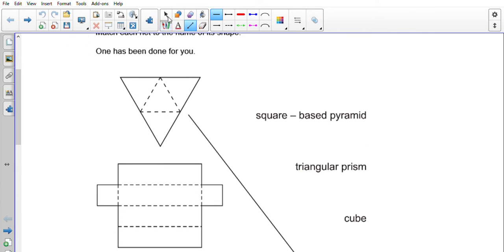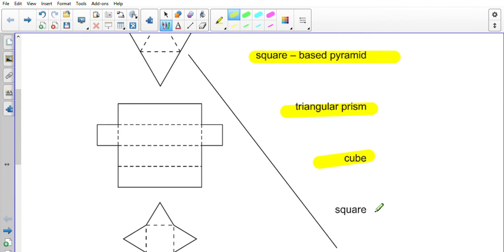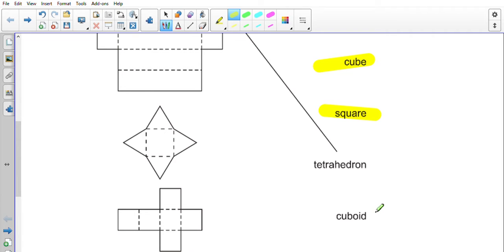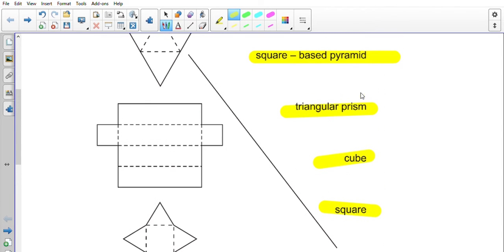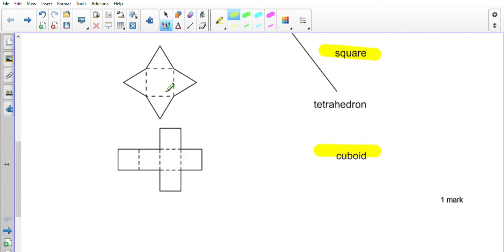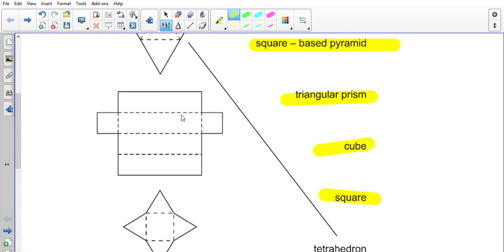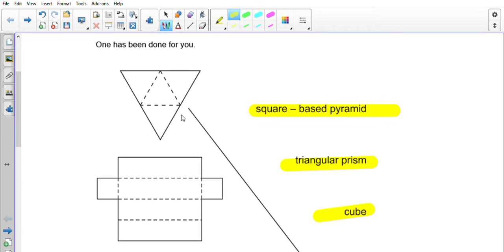Let's have a little run through our shapes. We've got our square-based pyramid. We have a triangular prism. We have a cube. We have a square. And we have a tetrahedron and a cuboid. Now we'll have 1, 2, 3, 4, 5, 6 here, and I've got 1, 2, 3 nets.